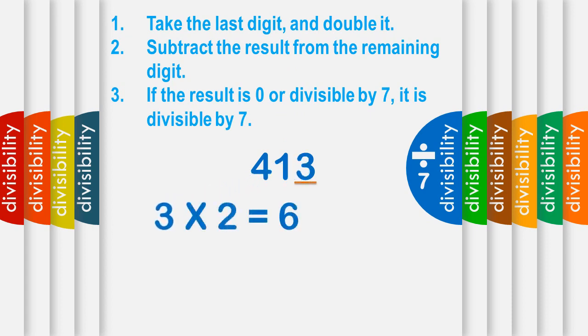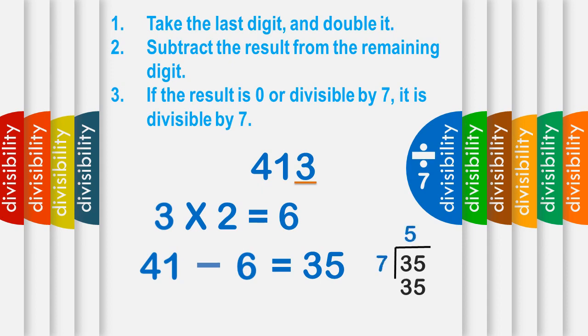First, we double the digit. 3 2s are 6. Now we subtract 6 from the remaining digits of the number, which is 41. So 41 minus 6 is equal to 35, which we know is divisible by 7. So 413 is also divisible by 7.